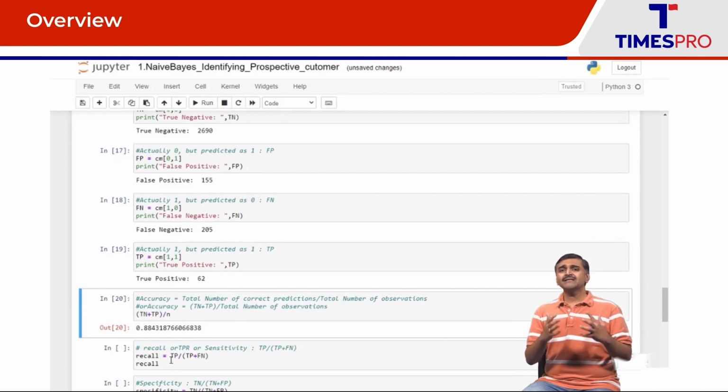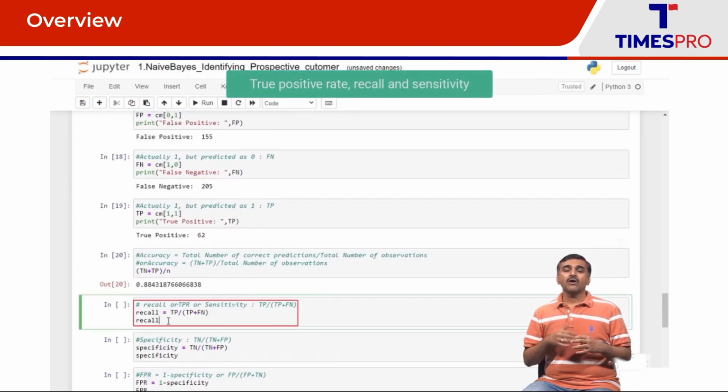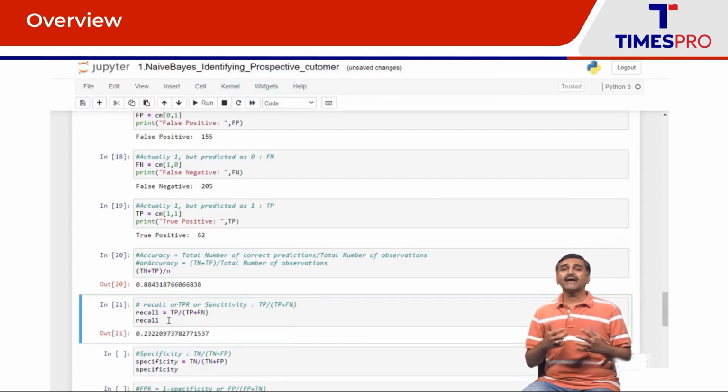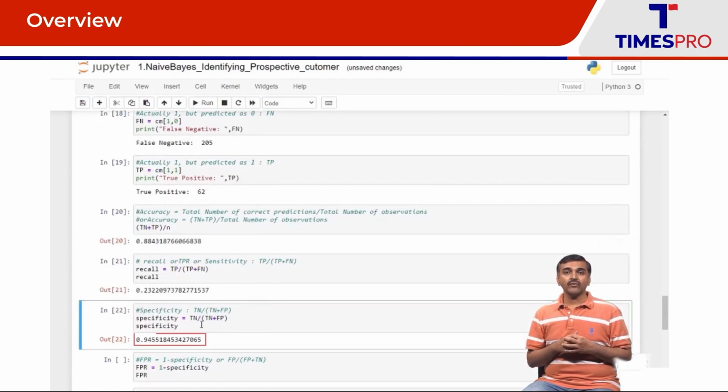Then there are other performance measures which we are going to see next, that is the true positive rate, or the recall, or the sensitivity. Let us compute that. I get 0.23. Specificity comes to 0.94.